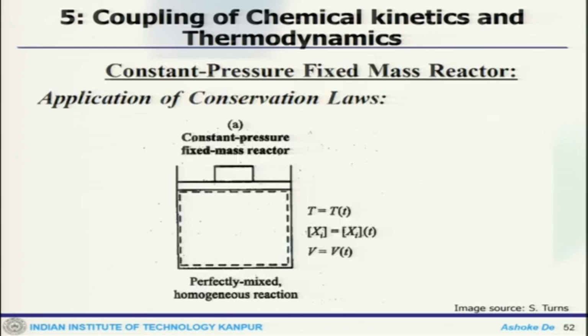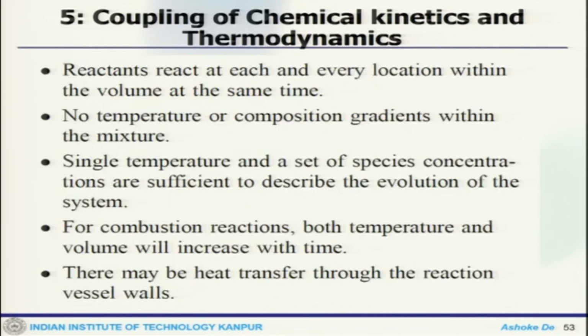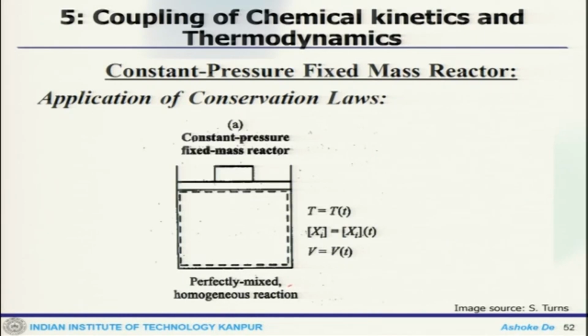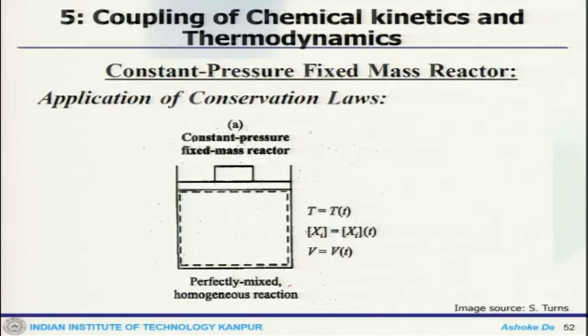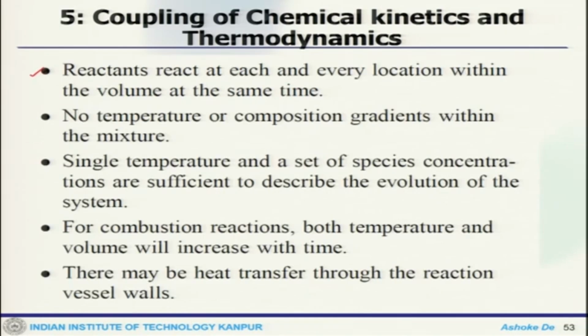Now, we first start with the constant pressure fixed mass reactor, and the application of the conservation laws. It is perfectly mixed. This is the schematic of that constant pressure homogeneous reactor. The reactants react at each and every location within the volume at the same time. Second, there is no temperature or composition gradient within the mixture.